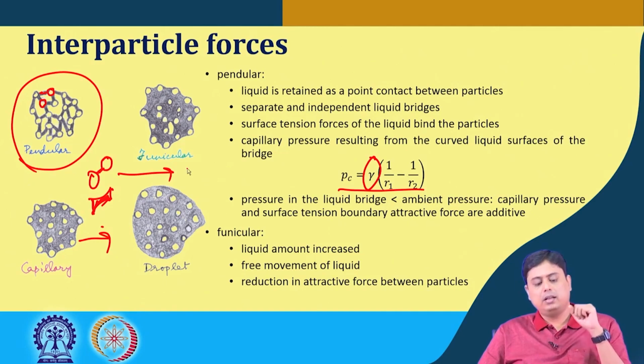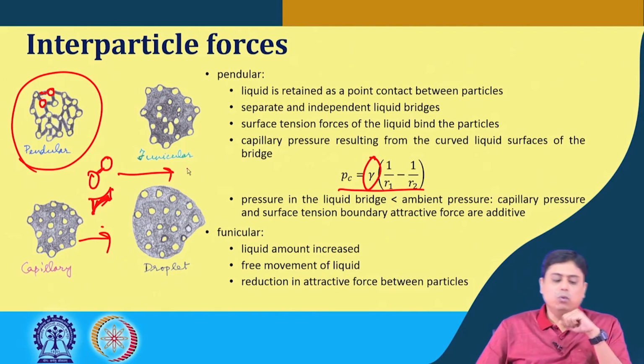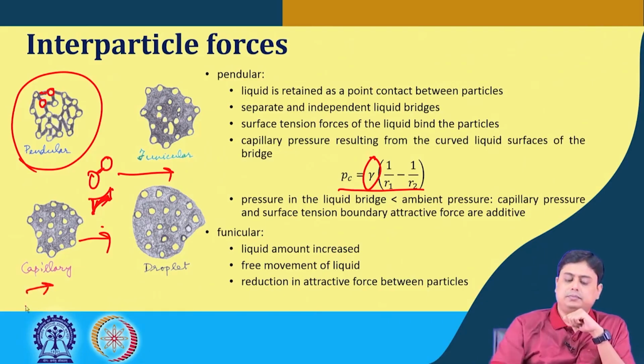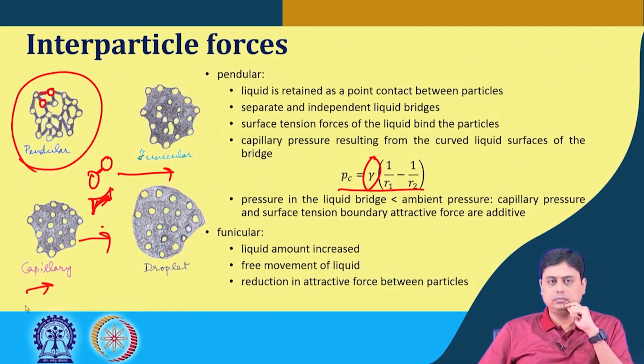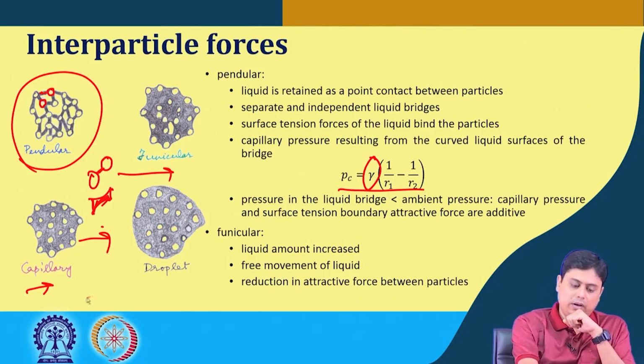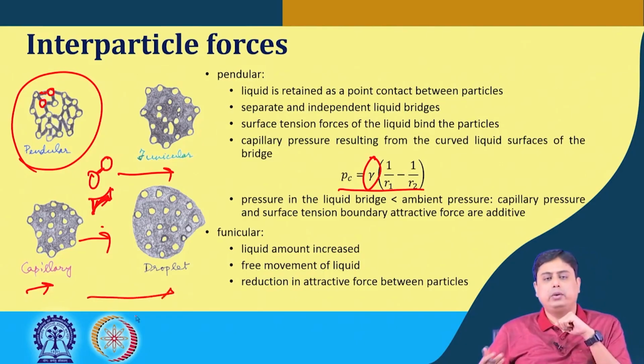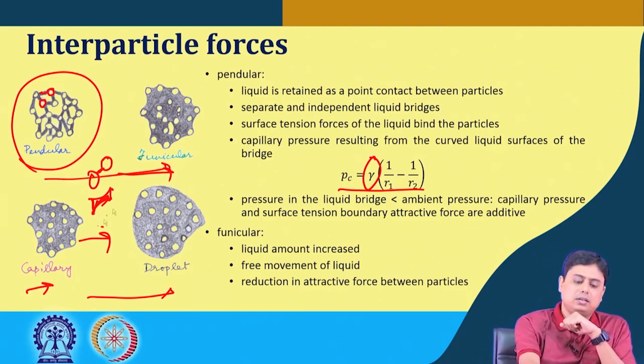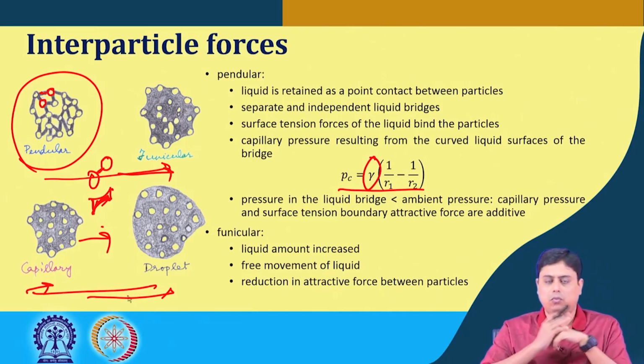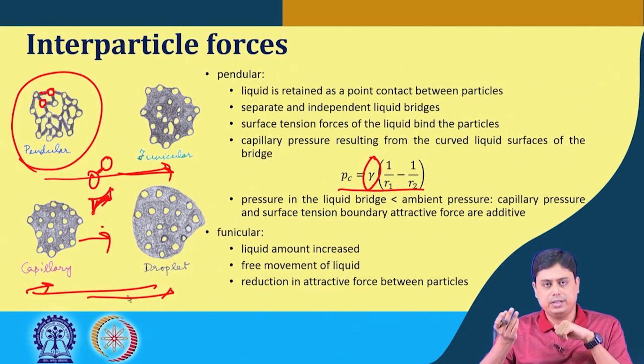With further increase in the amount of liquid, we move to the capillary state, and on enhancing the liquid amount further, we get the droplet state. So, you can think of this transition from one state to another in forming the liquid bridges as the saturation of the void spaces.